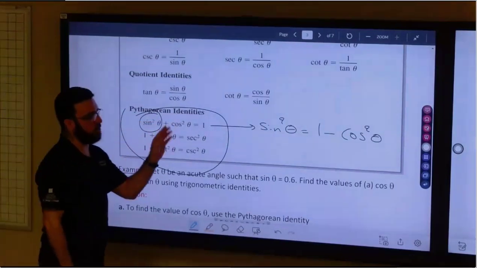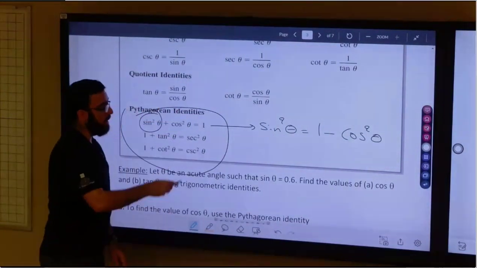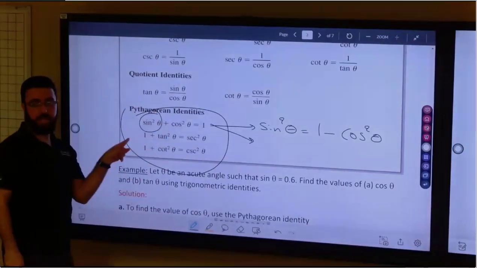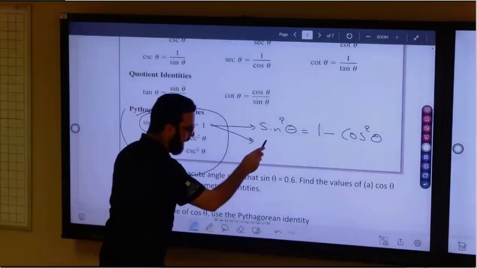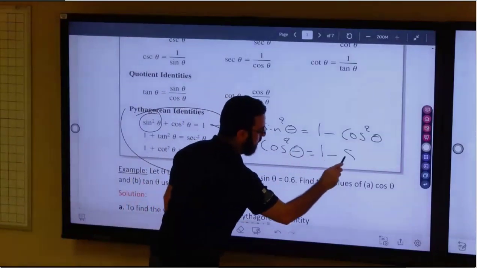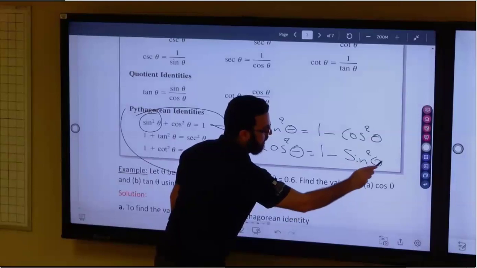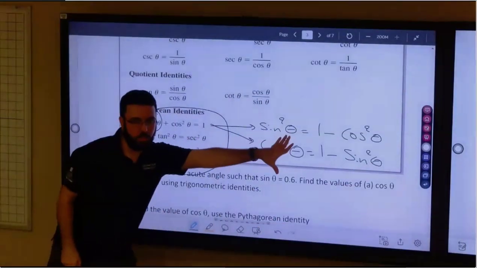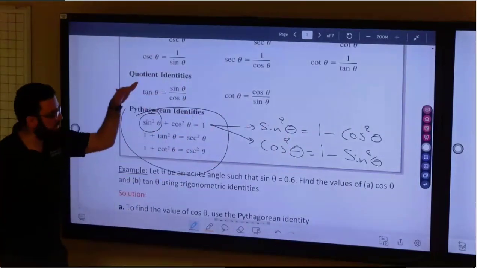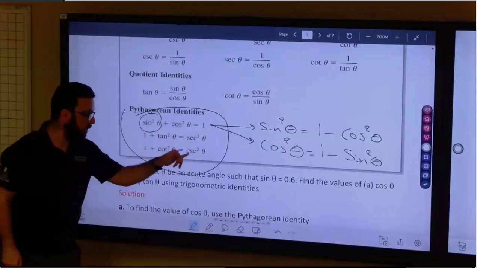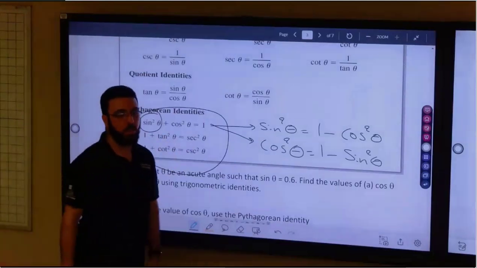Just moving the cosine to the other side. From the same rule, if I have the cosine, can I find the sine? I'm going to say cosine square theta equals 1 minus sine square theta. So you don't have to worry about these rules, but the main rules are 1, 2, 3. The same thing with the secant and the tangent, cosecant and cotangent. You got it?